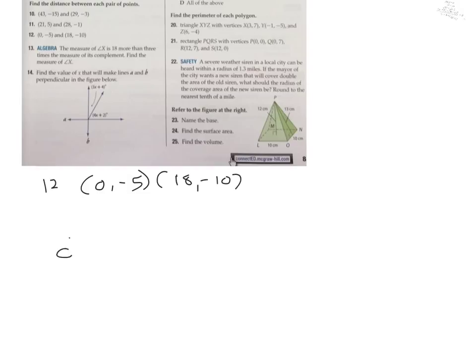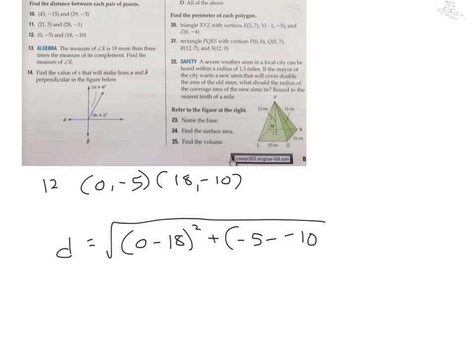Okay, again, distance formula is going to equal x minus x, so 0 minus 18, quantity squared, plus -5 minus a -10, quantity squared. So here I'm going to get (-18), again in parentheses, quantity squared, plus, minus a negative is plus a positive, thus that's just going to be 5 squared.